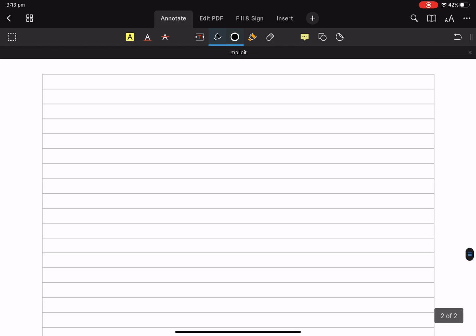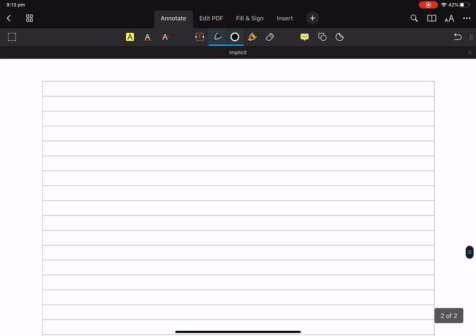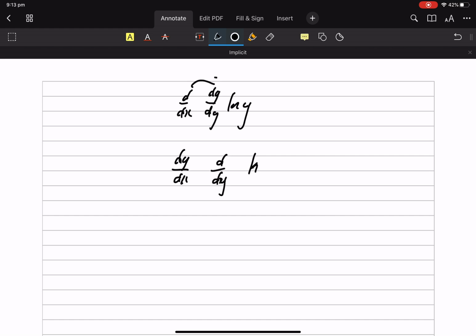The log y, it's okay to think of this separately so that we don't get too confused all in the one question, so I'm just going to write that down. That's what we've got to do. So we can think of it as dy, so we're multiplying by 1, swap these two over, so it's going to be dy dx, the derivative with respect to y of log y.